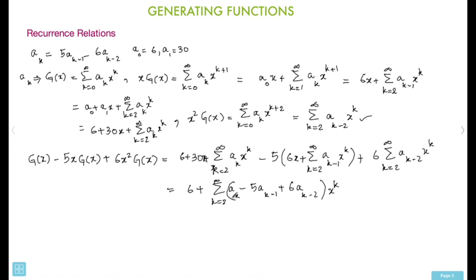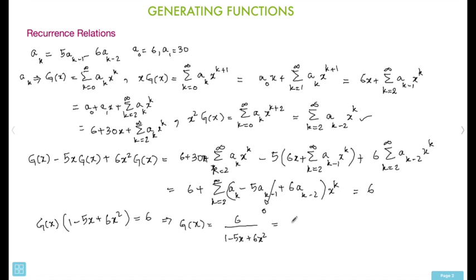Now what is this guy? Since a_k is equal to 5a_(k-1) minus 6a_(k-2), this guy is 0. So my answer is 6 here. So this means that if I take g(x) common here, g(x) times (1 minus 5x plus 6x squared) is equal to 6. So g(x) is equal to 6 over 1 minus 5x plus 6x squared.